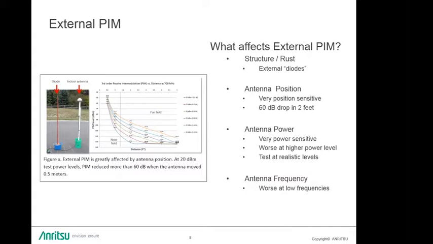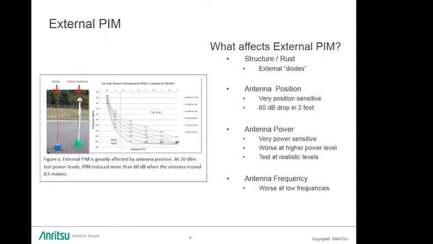Well, when you're indoor, you don't have that luxury of the half a mile or the 100 feet or even the 5 feet between your antenna and anything metal. So it's important that you test at realistic power levels coming out of the antenna. Whatever power level you expect to be at that antenna when you're operating the system is approximately the power level you should be running your PIM test at.